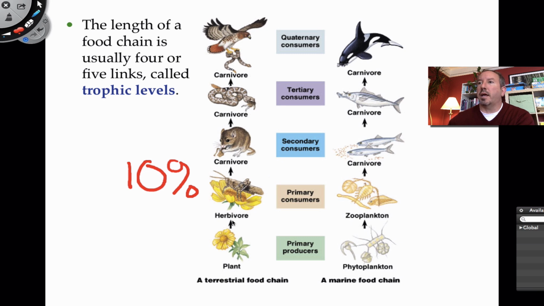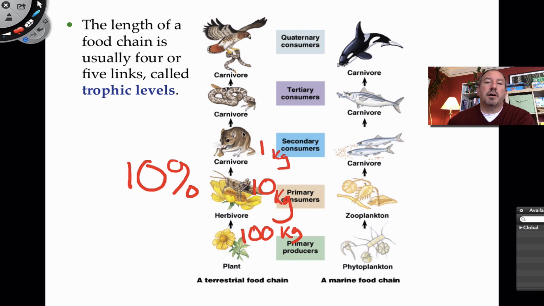And so there's a loss. Just to throw out some numbers, if there's 100 kilograms of biomass, that's a unit of mass, you're going to lose 90% on the next level up and get 10 kilograms, and then you're going to get 1 kilogram.